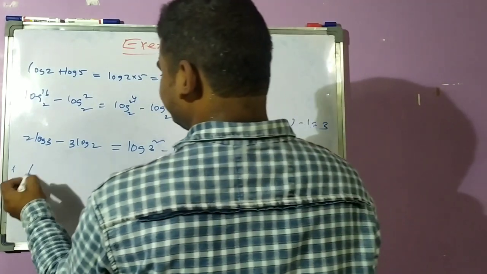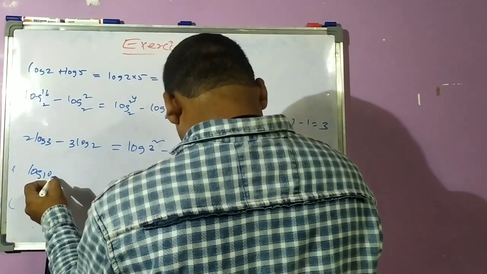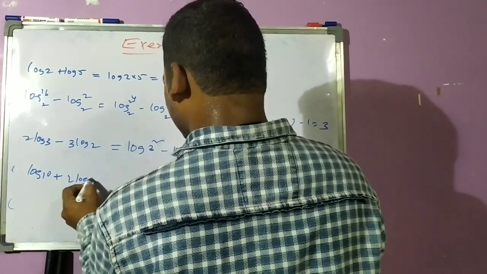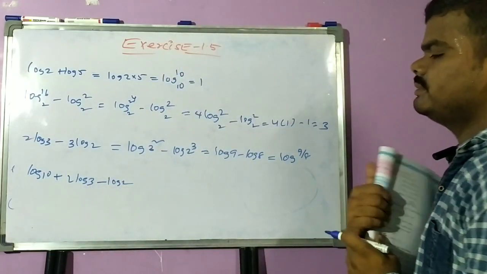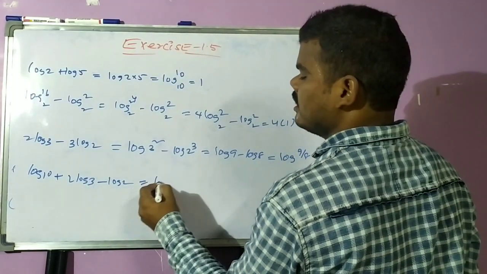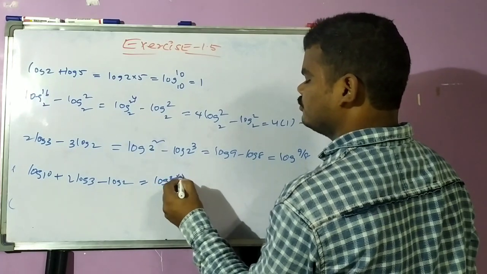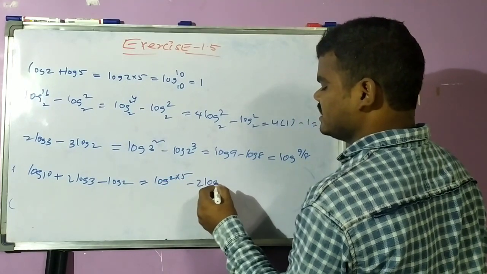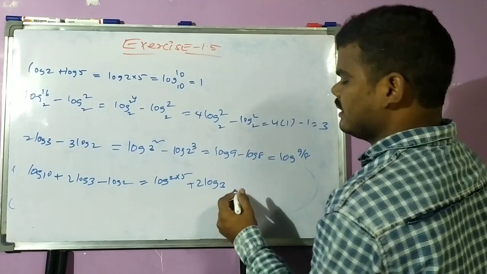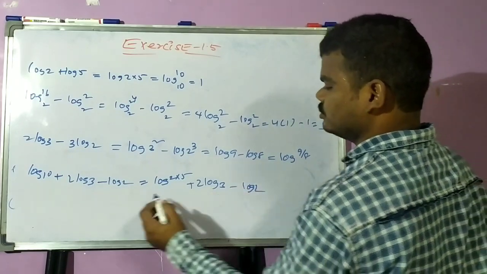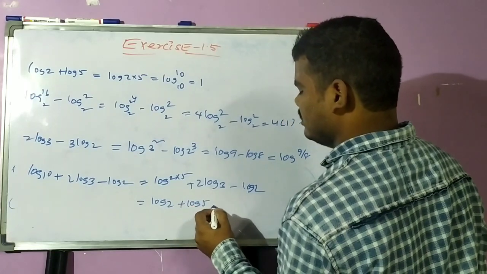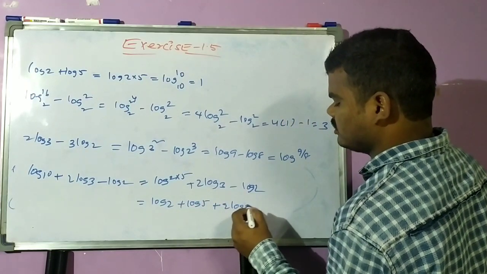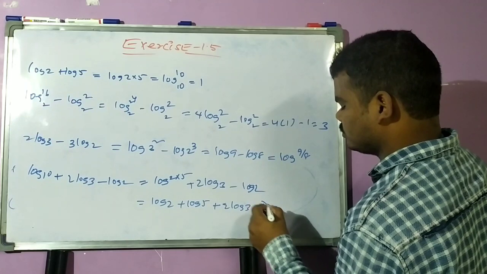Logarithm of 10 plus 2 log 3 minus log 2. This can be written as logarithm of 2 into 5 plus 2 log 3 minus log 2. Log 2 plus log 5 plus 2 log 3 minus log 2.